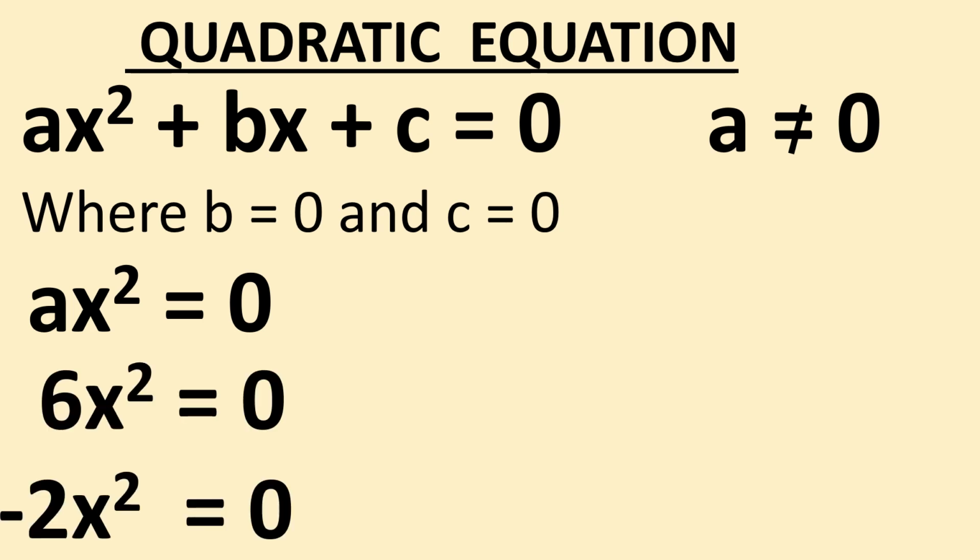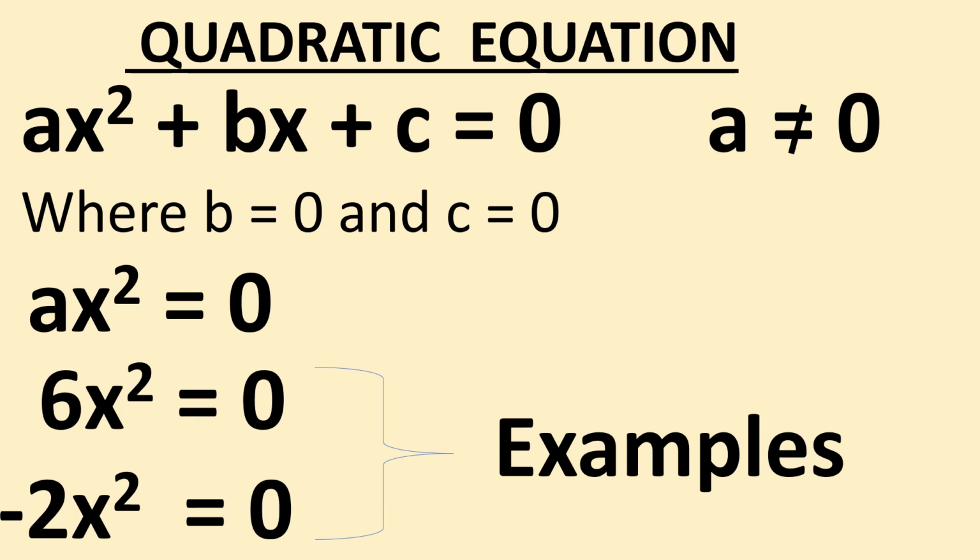We have examples here where we only have the first term, and the examples include 6x squared is equal to 0 and minus 2x squared is equal to 0. So is this still a quadratic equation? Yes, because the first term, ax squared, still has the power of 2, and the quadratic equation has its highest power of 2.